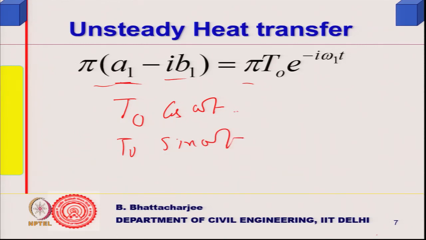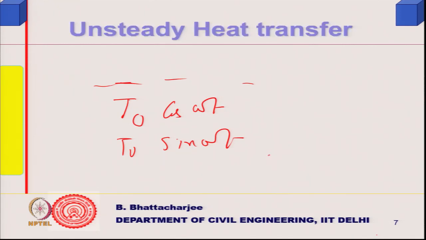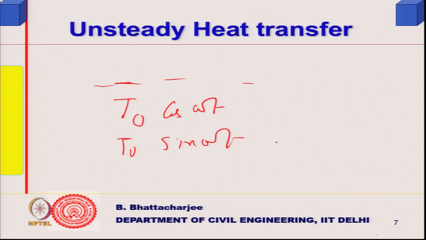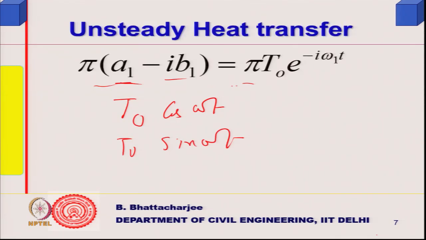And therefore, if I take the square of this, or let me write it like this, this would be pi times a_1 minus i b_1, and pi remains.